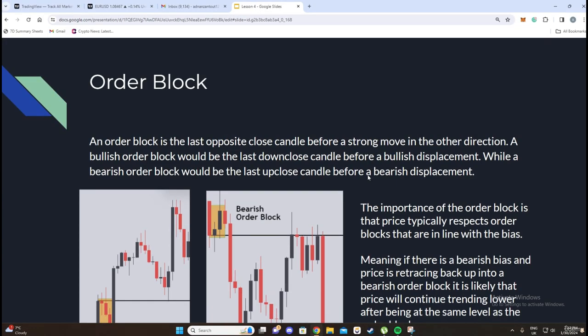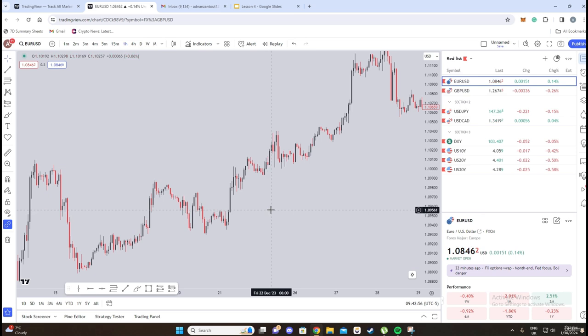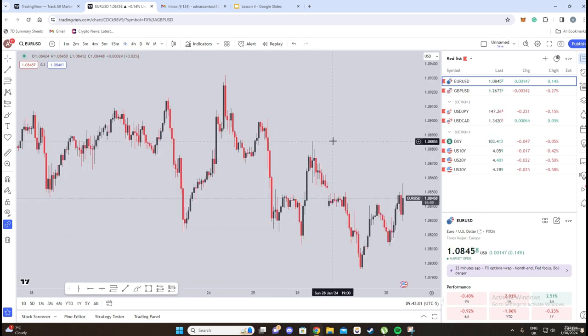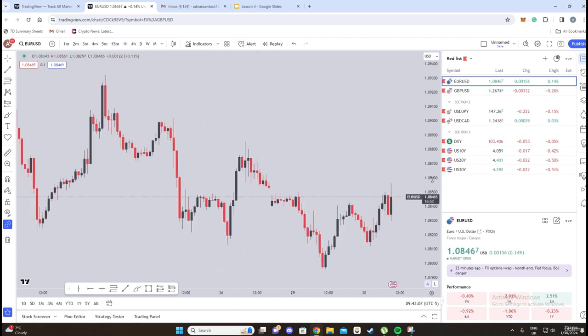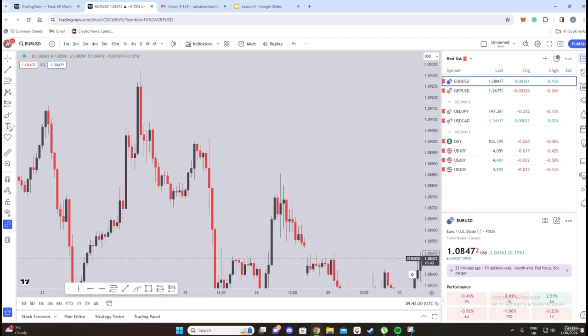So let's go on the charts. You can actually see how this works. Let's clear all of this. Yeah, right here. So this would be our bearish order block, because it's the last up close candle before a bearish displacement. So let me write down the definition here so it's a bit clearer.